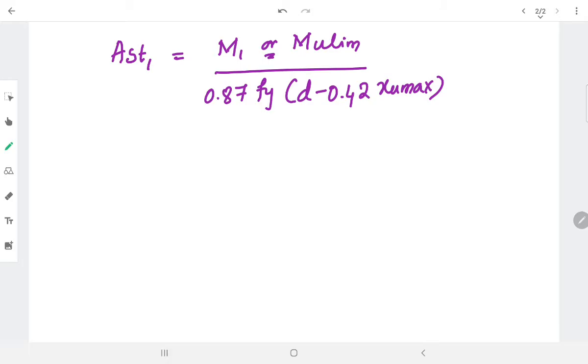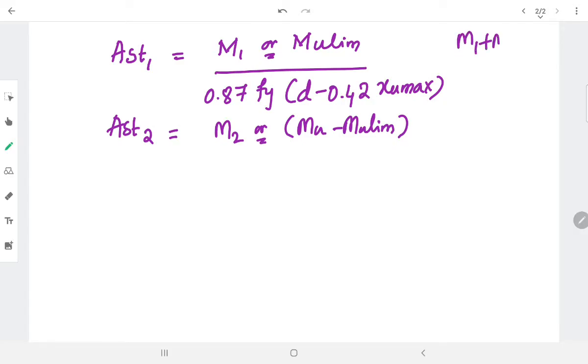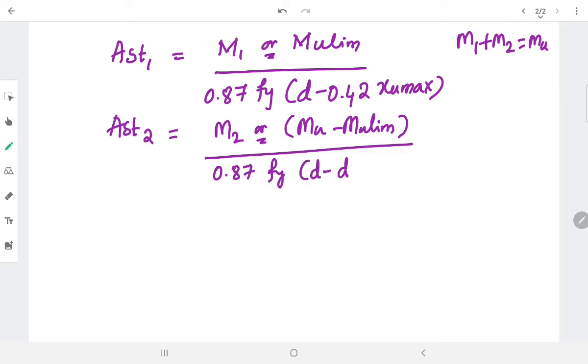Next, Ast2 is equal to M2, or Mu minus Mu limit. M1 plus M2 is equal to Mu, so M2 is Mu minus M1, and M1 is Mu limit. This is divided by 0.87 fy into bracket d minus d dash.